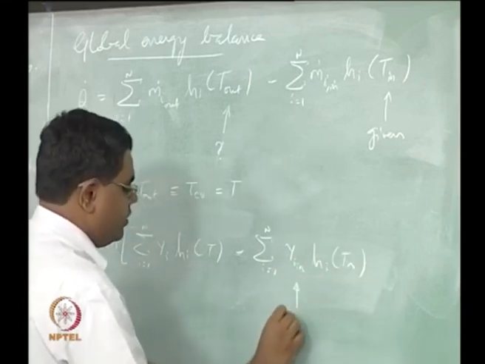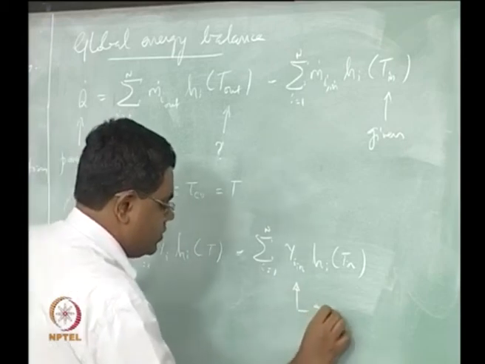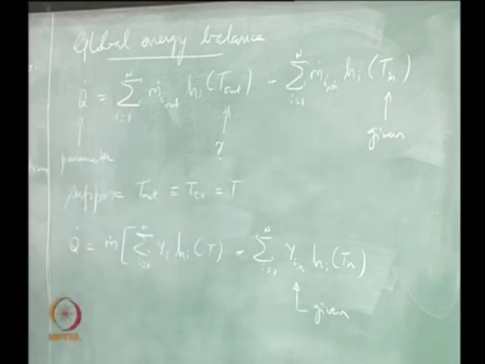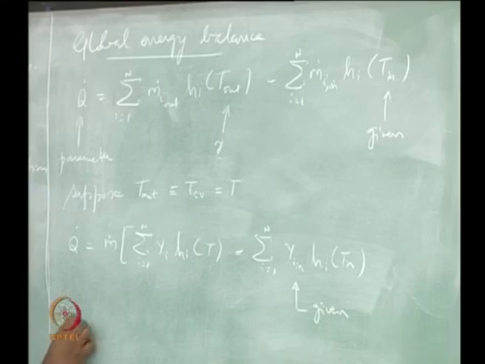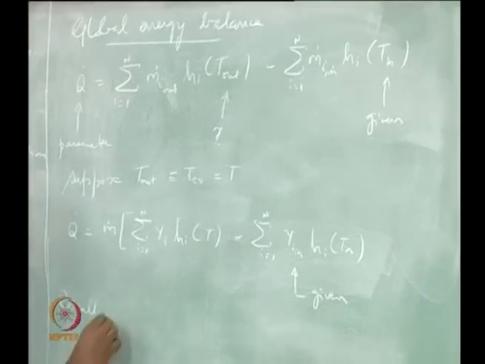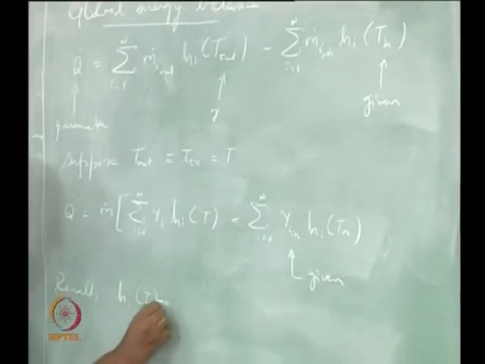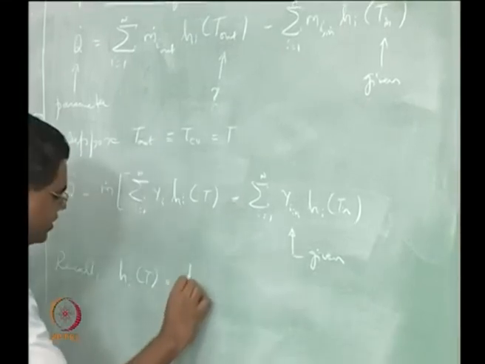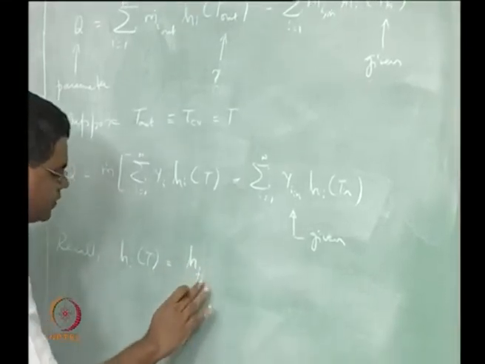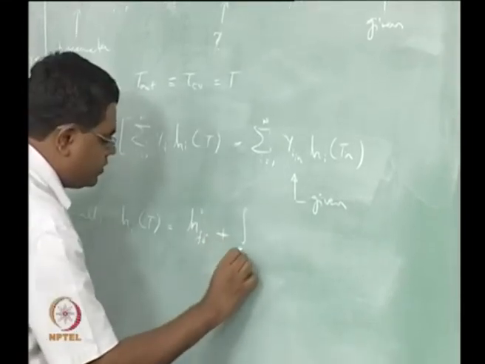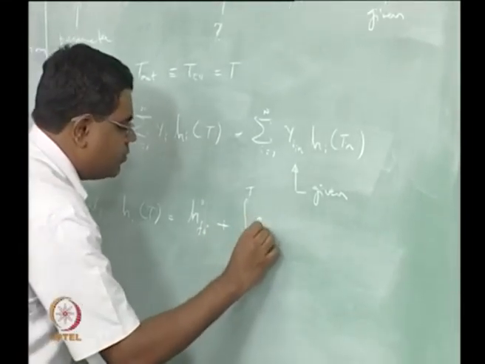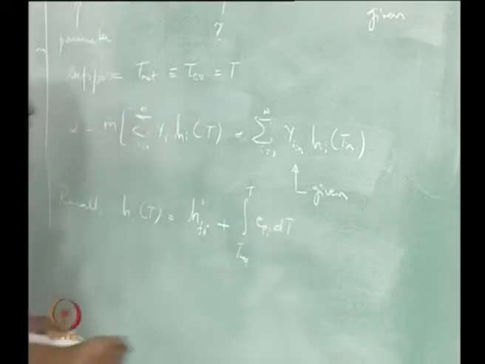So here yi in is also given, as we said earlier. At least we need to know the inlet composition, and recall hi of T is equal to hf naught I plus integral T ref to T small cpi dT.